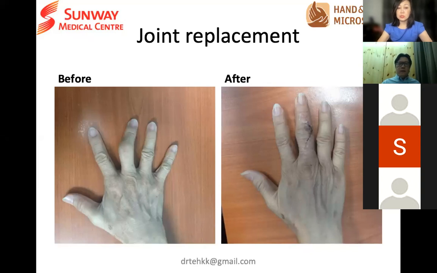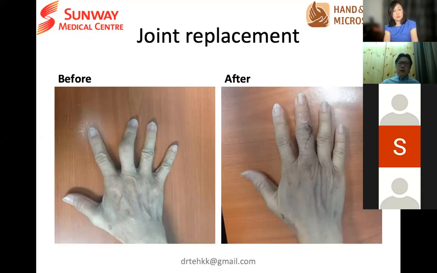Some people think that by replacing it, I can make the joint move better, but that's not the case. It's mainly because you want a non-deformed looking finger and not a painful joint. That's all. Not so much to increase the range of motion.